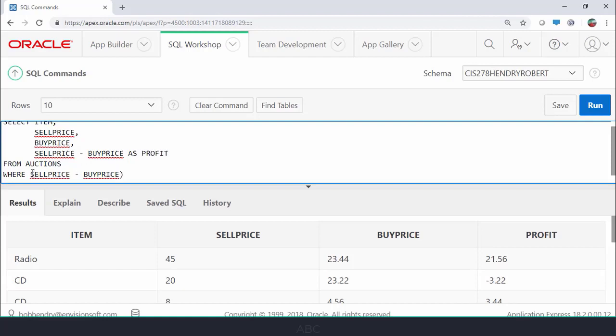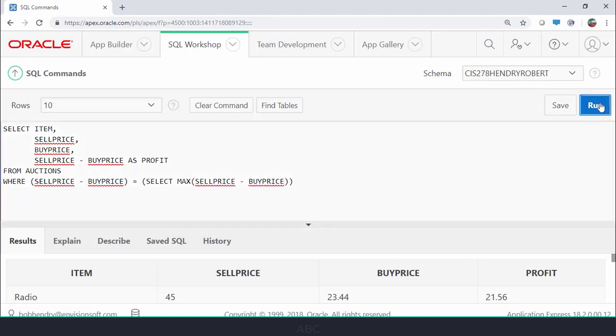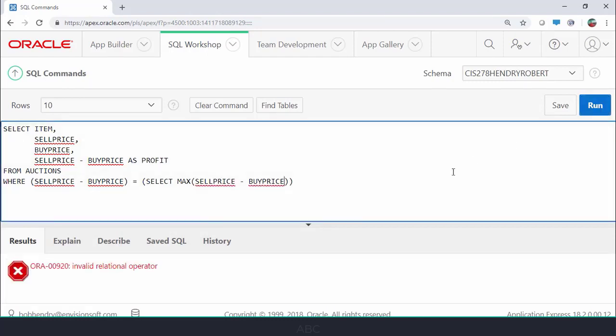Again, this is not simple, just so you know. Is equal to select max sell price minus buy price. And we're almost there.